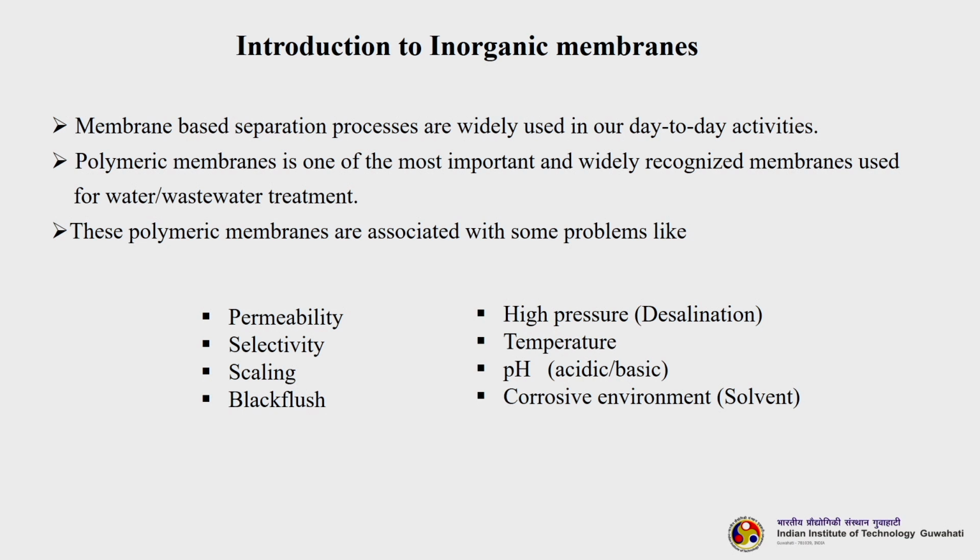Then in desalination usually we need a very high pressure. So, sometimes membranes get distorted, then it cannot withstand higher temperature applications. Very high acidic or high base pH is not good for polymeric membranes, and they are not able to withstand various corrosive environments. These are some of the inherent problems associated with polymeric membranes.